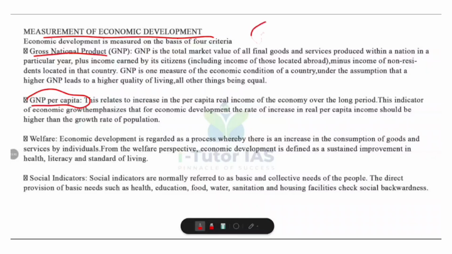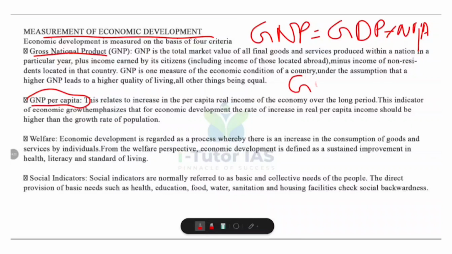That is, GNP, we have learned it, GNP is equal to GDP plus NFI, that is net factor income from abroad. So GNP is often used as a measure of the economic condition of a country, and the idea is if GNP increases, the economy is producing more and the standard of living is likely to improve, other things being equal.